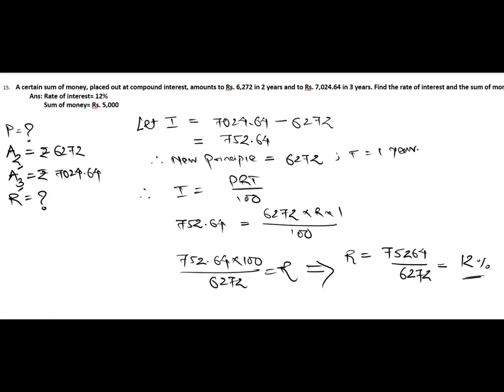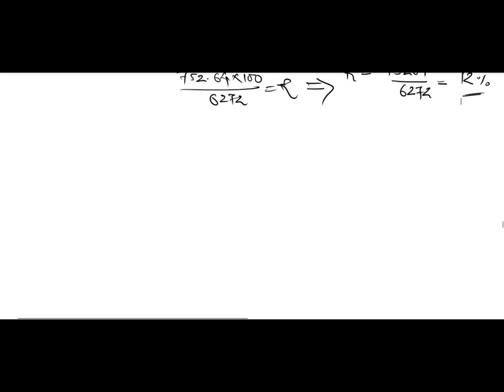Now I know the rate. Now what do I have to find? I have to find the principal. The rate is 12%, but what is the principal? Now comes the important part.